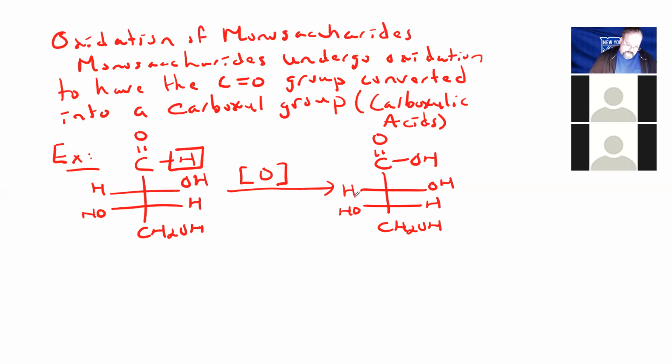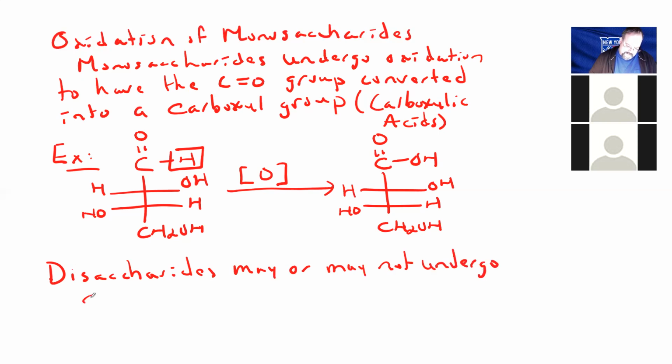Okay. So it turns out that disaccharides may or may not undergo oxidation. As far as polysaccharides go, I don't really think that polysaccharides undergo oxidation, but disaccharides may or may not undergo oxidation.